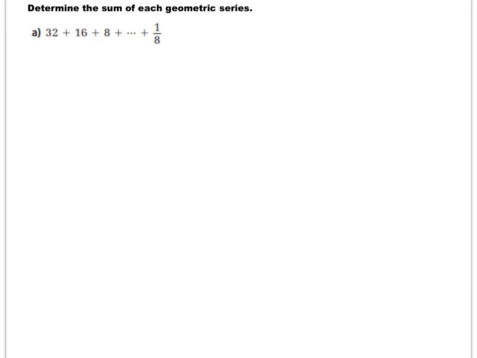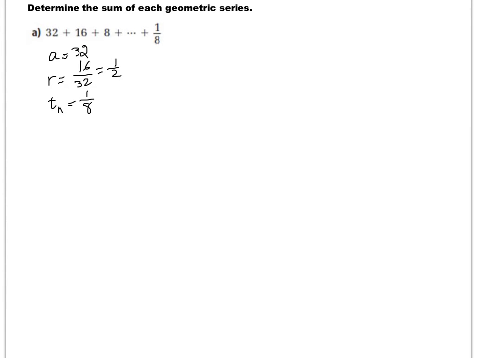The next example, we have to find the sum of 32 plus 16 plus 8 up to the last term, which is 1 over 8. We know that the first term is 32, r is 16 divided by 32, which is 1 over 2, and we know that T sub n is 1 over 8.